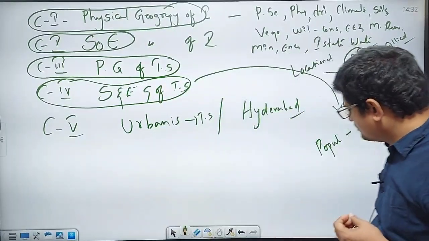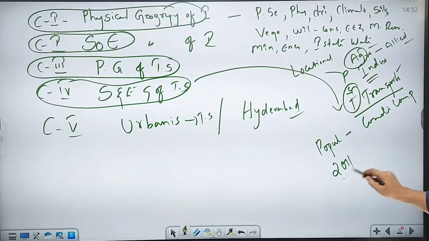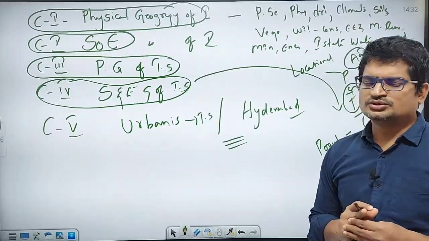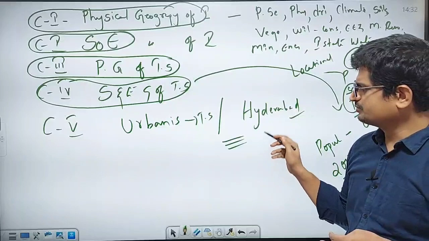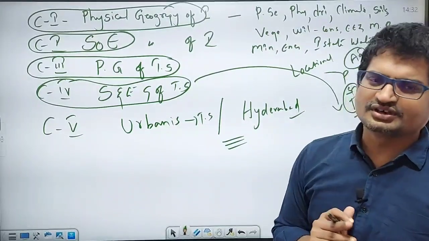We should focus on the recent census 2011. And as already discussed regarding chapter 5, almost 90% of its topics are related to Hyderabad. Hyderabad is the heart of Telangana.